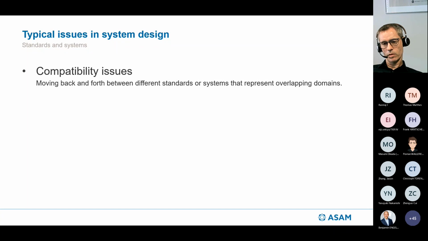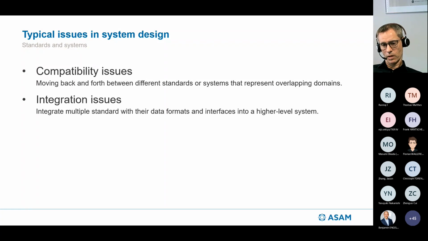When we want to move back and forth between different standards or systems that represent overlapping domains, which means we have to deal with two standards or one system that is used by one vendor, and we have to translate it somehow into a standard.